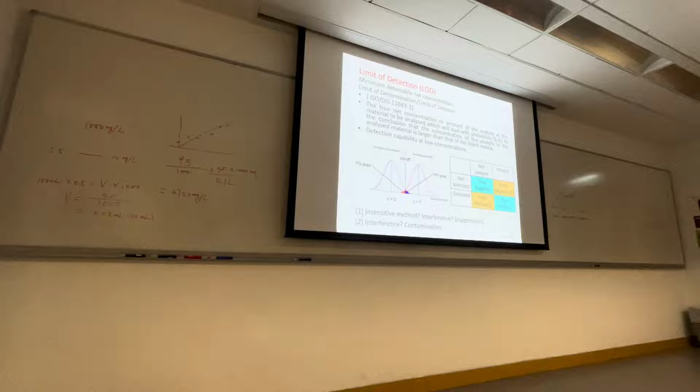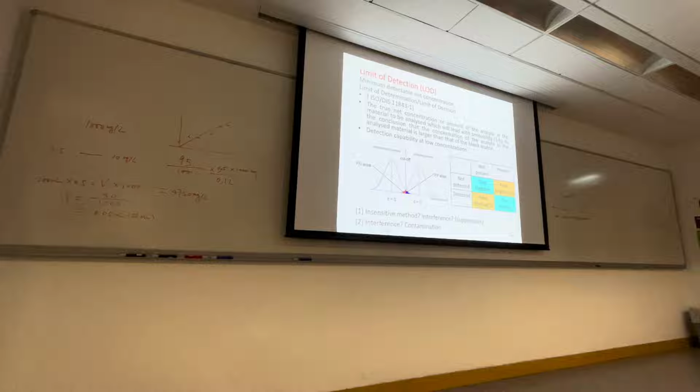So let's see. I think I have given you these figures first. This is another definition as published by ISO 11843. Basically, this is just the same. The true net concentration of analyte in the material to be analyzed leads, with a probability 1 minus B, to the conclusion that the concentration of the analyte in the analyzed material is larger than that of the blank matrix.